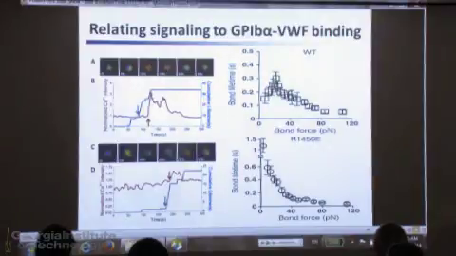So we call this catch bond and this slip bond. So this is the interaction characteristic between von Willebrand factor, either wild type or mutant, that you use to exert force on the platelet GP1B alpha. You have a different way of exerting force, so there is information encoded in the way that the platelet sees the force, with the platelet able to interpret that information and respond accordingly.